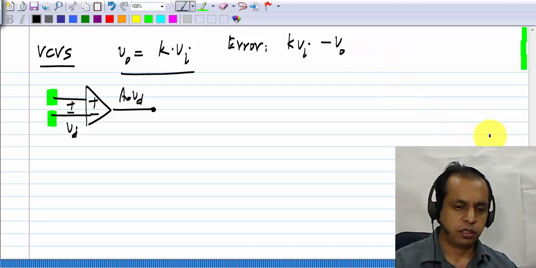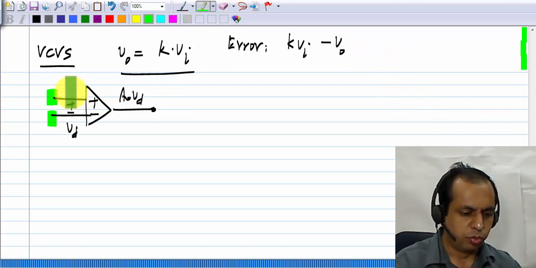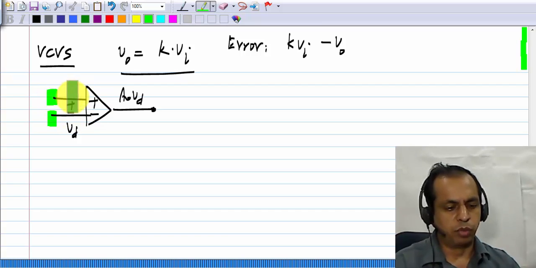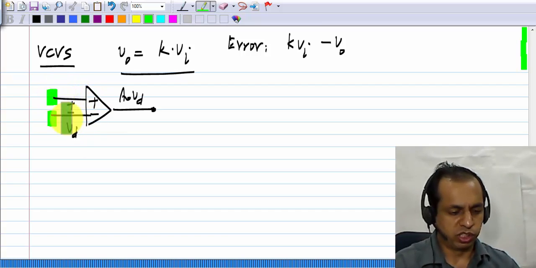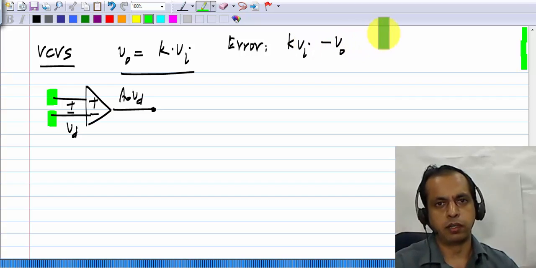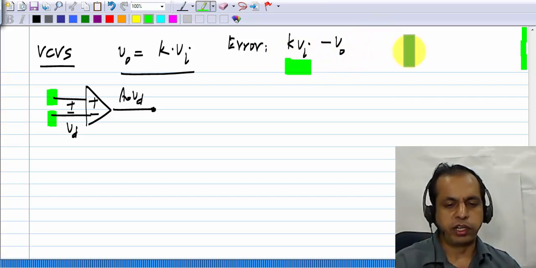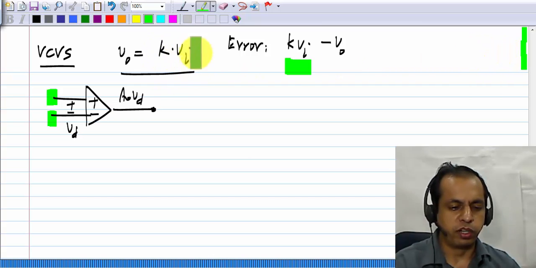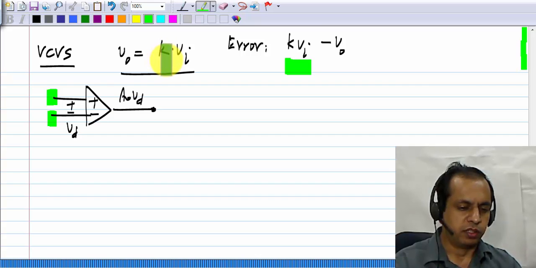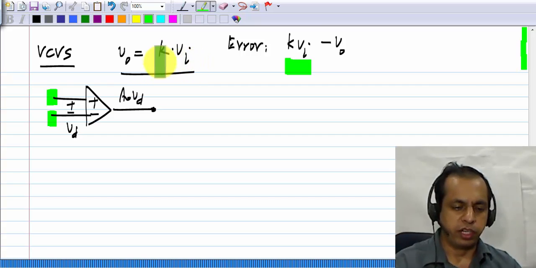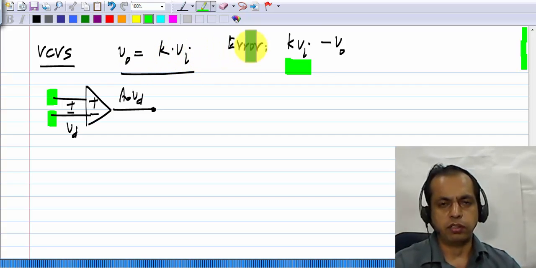That is the op-amp's input voltage. The op-amp reacts to the input voltage, right? So its input voltage should be related to this error. But this clearly has a problem. Where do we get kVi from? That's in fact what we are trying to find. If we already had kVi, we wouldn't be building this amplifier in the first place.